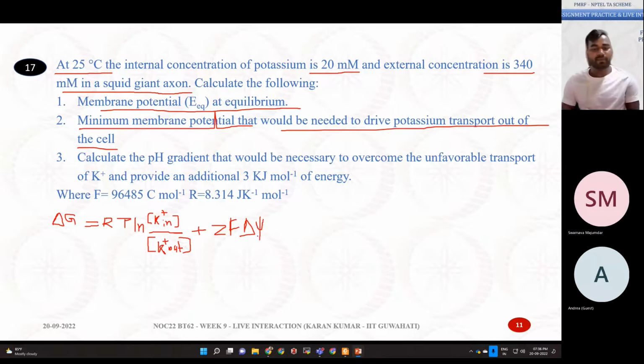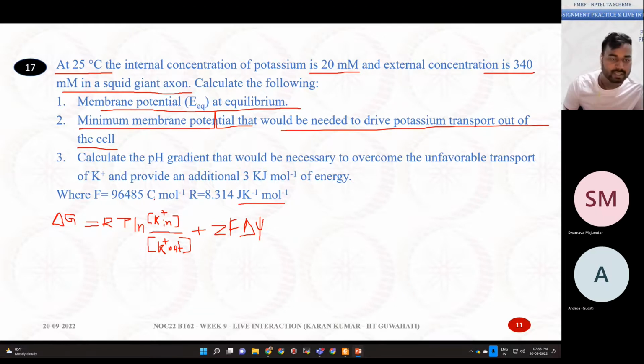Now what all things are given here? You have been given the temperature, which will be required. But remember, in the gas constant you use joule per Kelvin per mole, so you need to convert the temperature to Kelvin first.